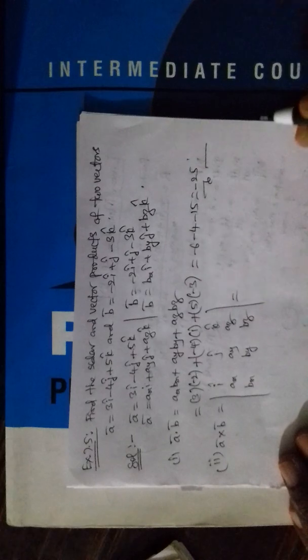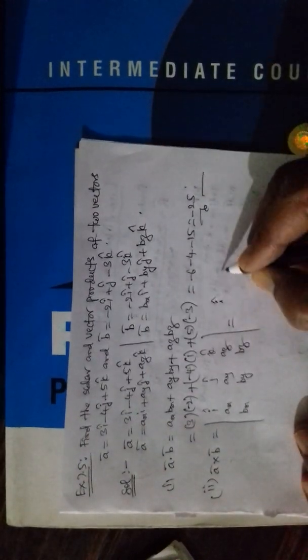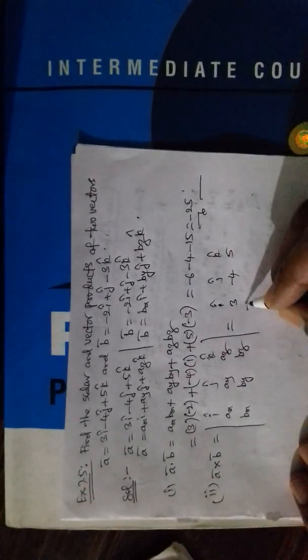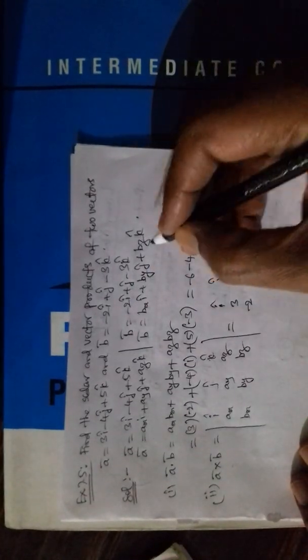Now a cross b is equal to the determinant with i, j, k, then ax, ay, az, then bx, by, bz. That is i, j, k; ax is 3, minus 4, 5. Next, components of b, bx minus 2, by 1, bz minus 3.